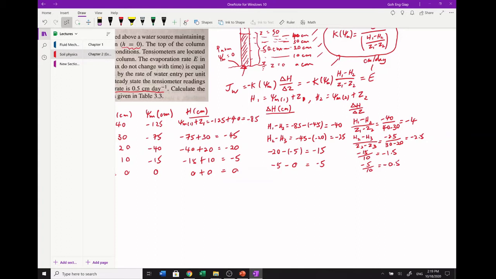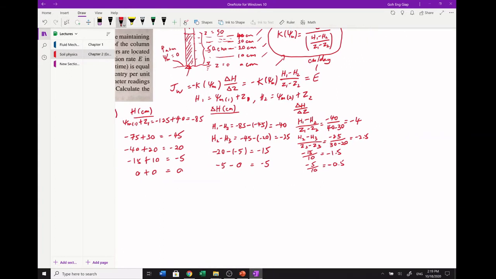Right? So with that, we can calculate the unsaturated hydraulic conductivity. This is done by taking the E divided by the hydraulic gradient. So in this case, it's negative 0.5 divided by negative 4. So what do you get? You get 0.125. Right? And this one is negative 0.5 divided by negative 2.5.